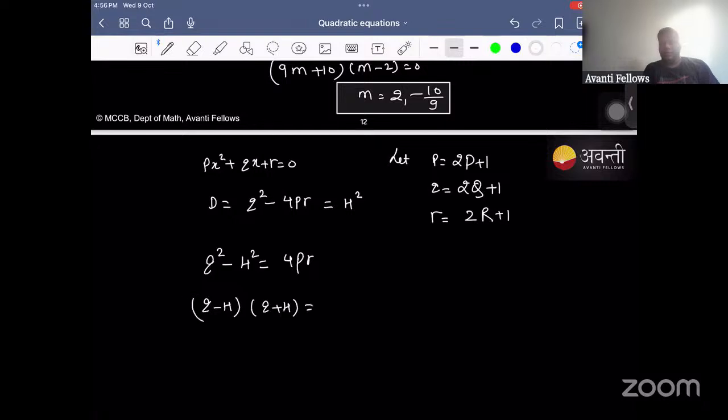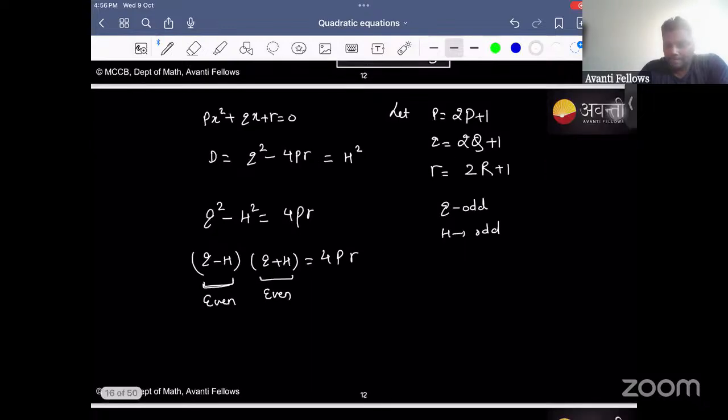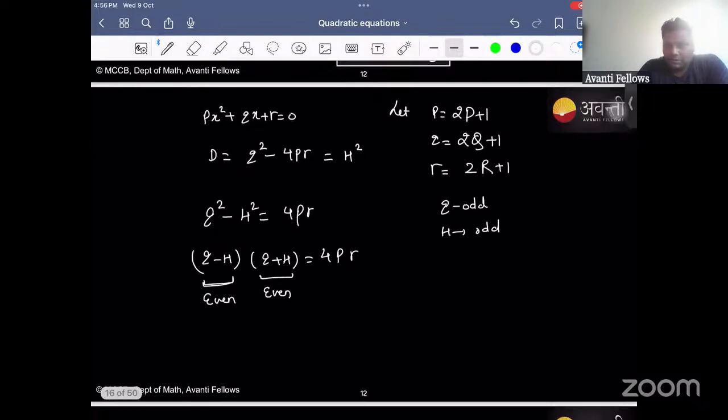Correct? Now, if q is odd, definitely h will also be odd because this 4pr is going to be even. So if they both are odd, then q minus h is going to be even and q plus h is also going to be even. Yes or no? q is odd, h is also odd.